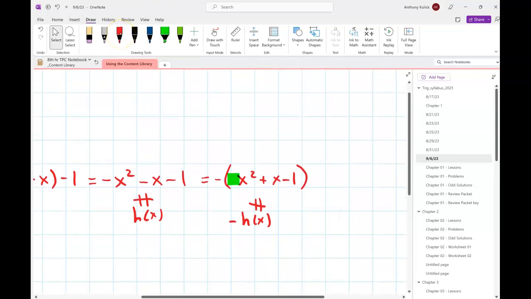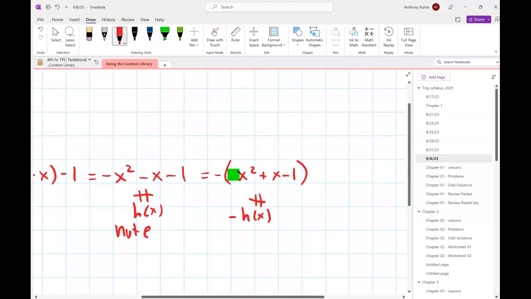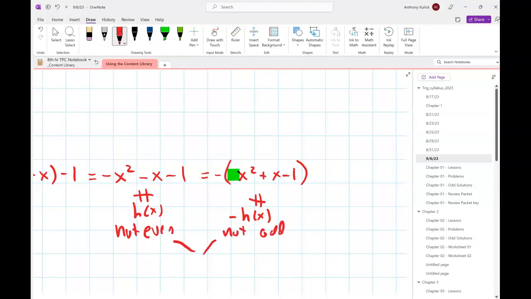So since it's neither, we know that we're not even because of this, and we know we're not odd because of that. Therefore, we'd say it's neither.